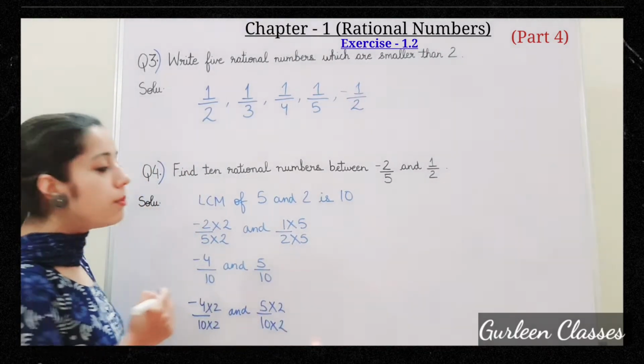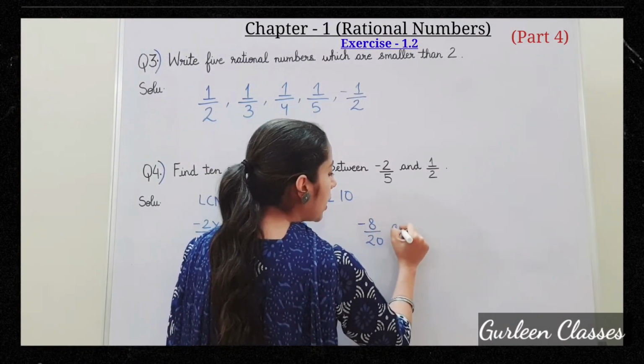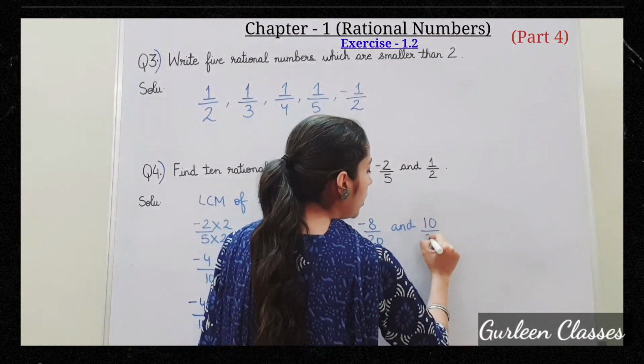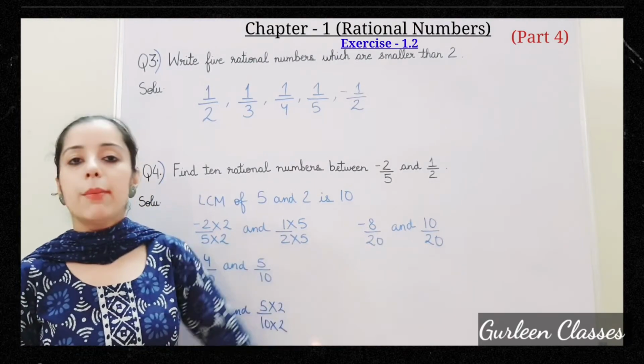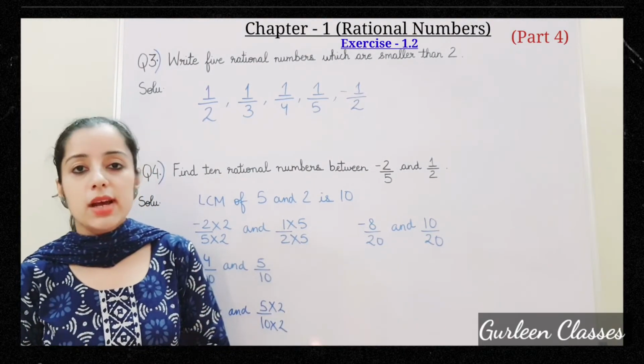So here we got minus 8 upon 20 and 5 twos are 10 upon 20. So between minus 8 upon 20 and 10 upon 20, there are many rational numbers. So let us write only 10 rational numbers.